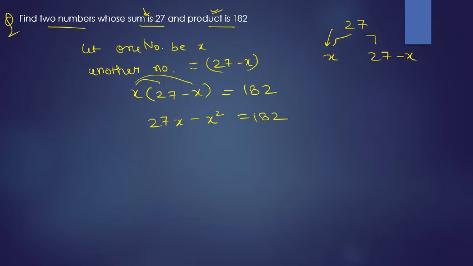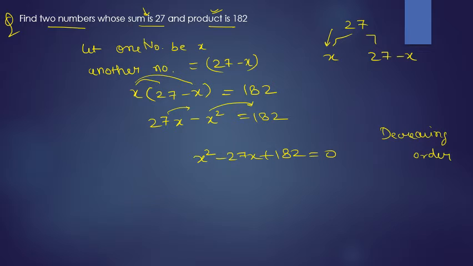Now what you need to do? You have to arrange them in decreasing order of degrees. Because the highest power of x is in negative, let's take it onto the other side. x square minus 27x plus 182 equals 0.